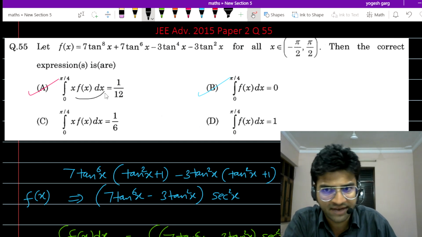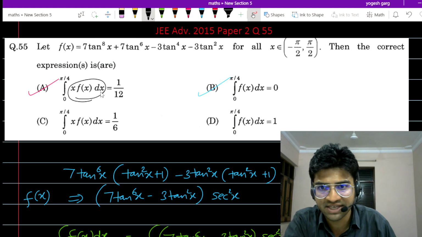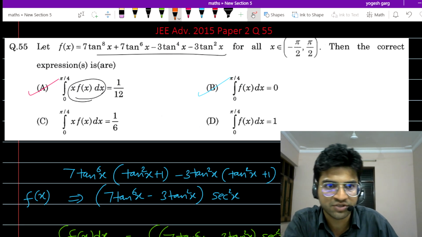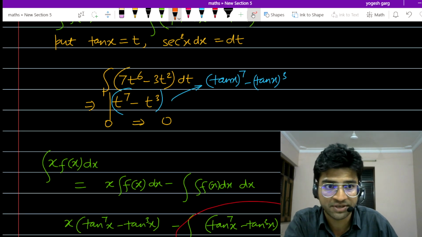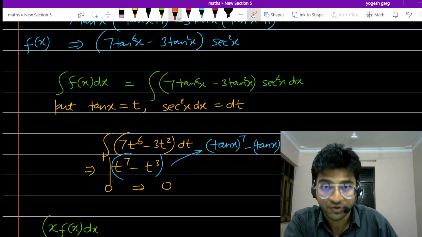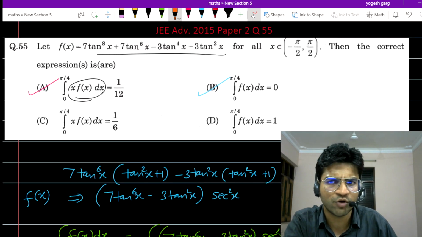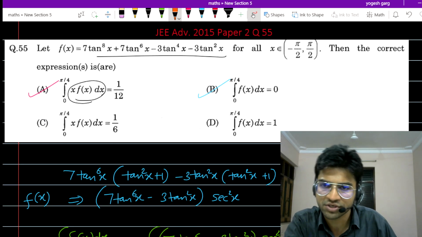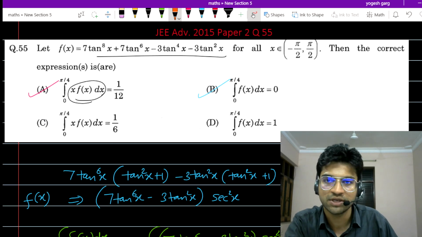Even asking this much, x f(x) dx in case of f(x) is this, is not a big deal. This much integration is not difficult with respect to the mains examination. If you see the papers of 2021, this sort of question can be asked, fairly I would say an average category question, and this question can appear in the mains examination.